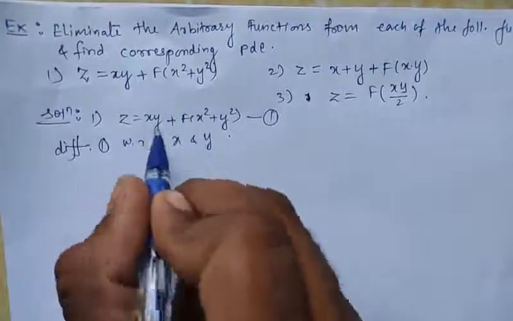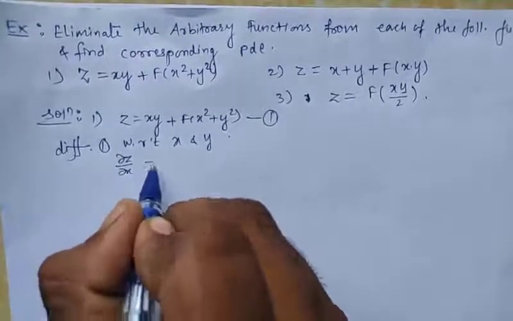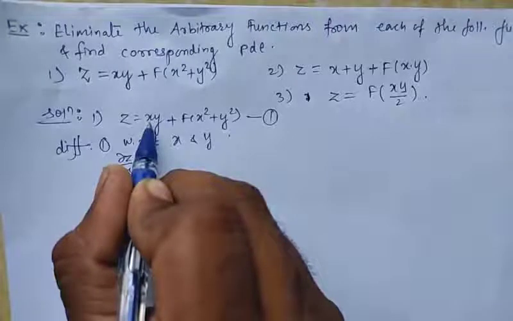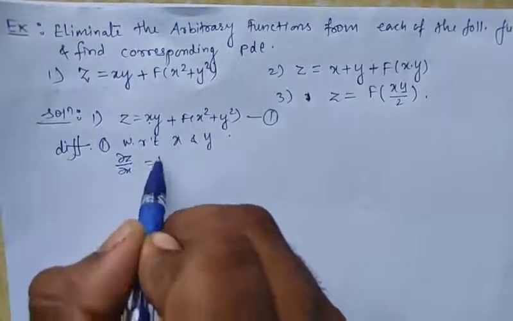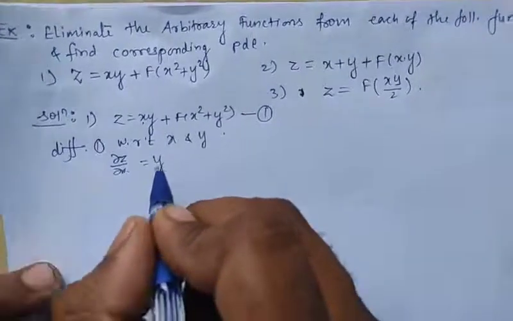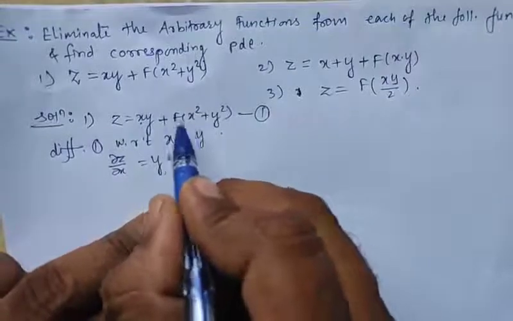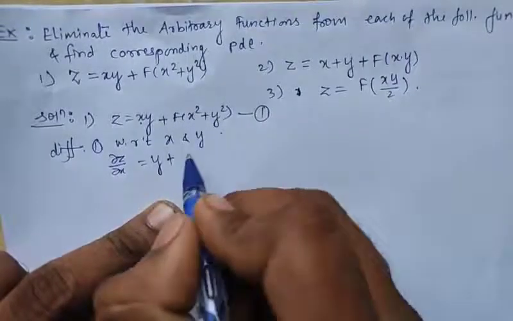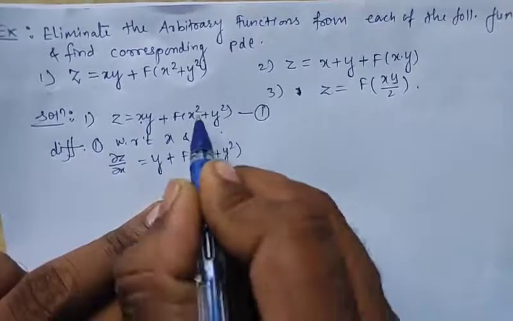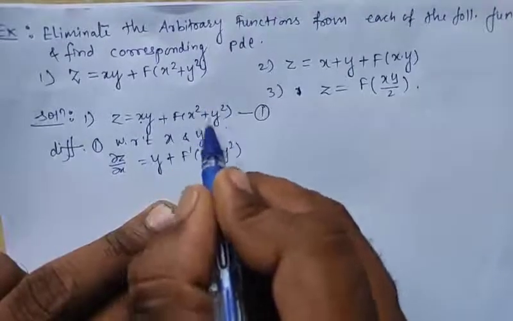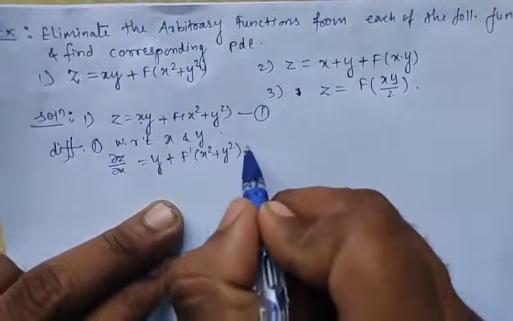So differentiating it with respect to x, we get del z by del x is equal to, derivative with respect to x is 1, so y is remaining, plus by using chain rule, first taking derivative of f of x square plus y square, which is f dash of x square plus y square, into derivative of x square plus y square with respect to x, which is twice x.